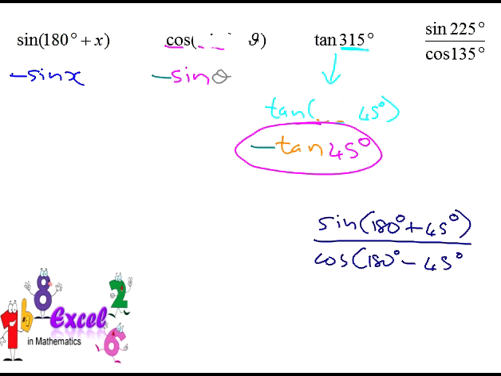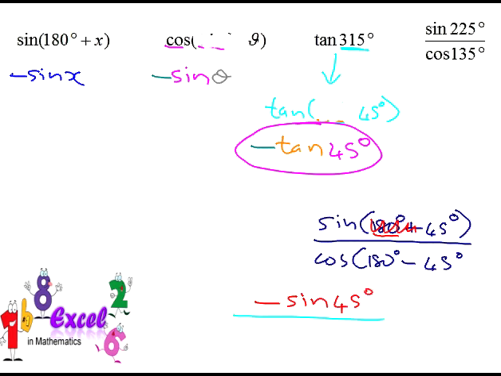A very important point: when you are working with combined expressions, such as that one, or even bigger, take them one by one. So we start with sine 180 plus 45. First of all, 180 plus 45 is in the third quadrant, so it will be minus. Then 180 degrees is a horizontal axis, so sine will stay sine, and then that part falls away according to step 3, and it just becomes minus sine of 45 degrees.